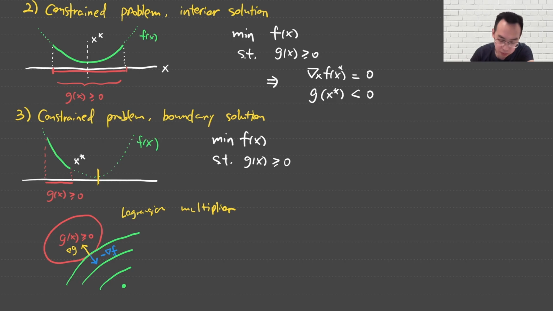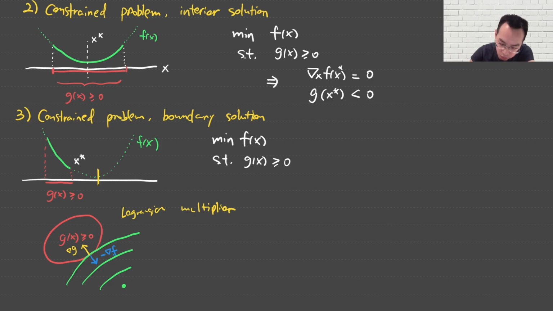So the red circle here is a constraint g of x. What this means is that our feasible x can only lie within this constraint, right? It can lie only inside this circle. It cannot go outside when we are doing optimization. Then this function f here is actually the contour line.